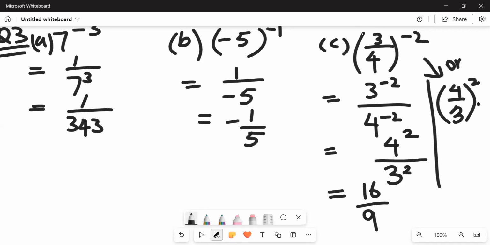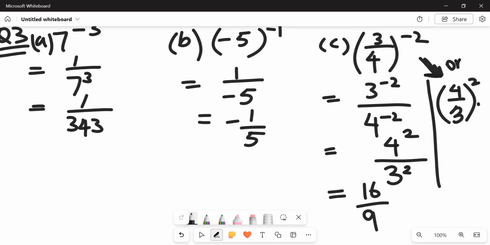I was saying that 3 over 4, whole power negative 2, if we change the fraction to 4 over 3, this is another way.